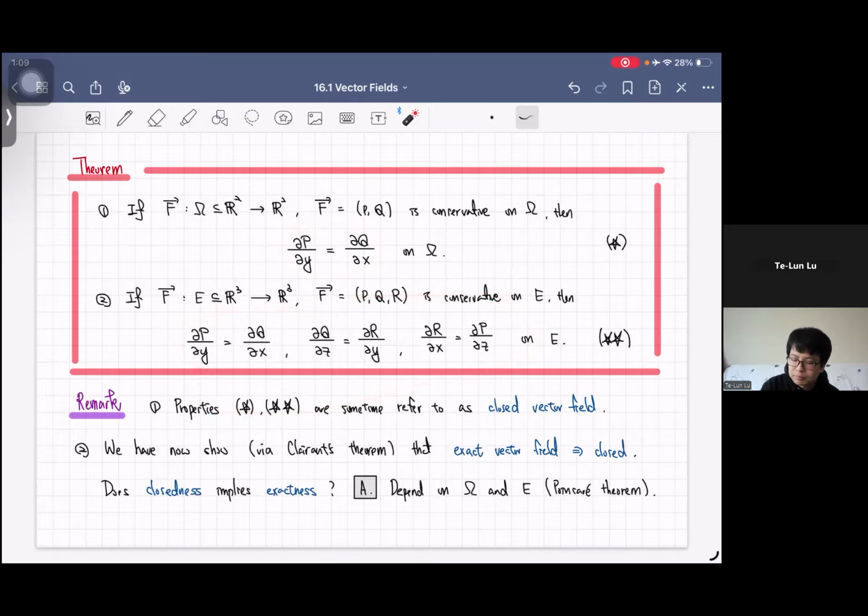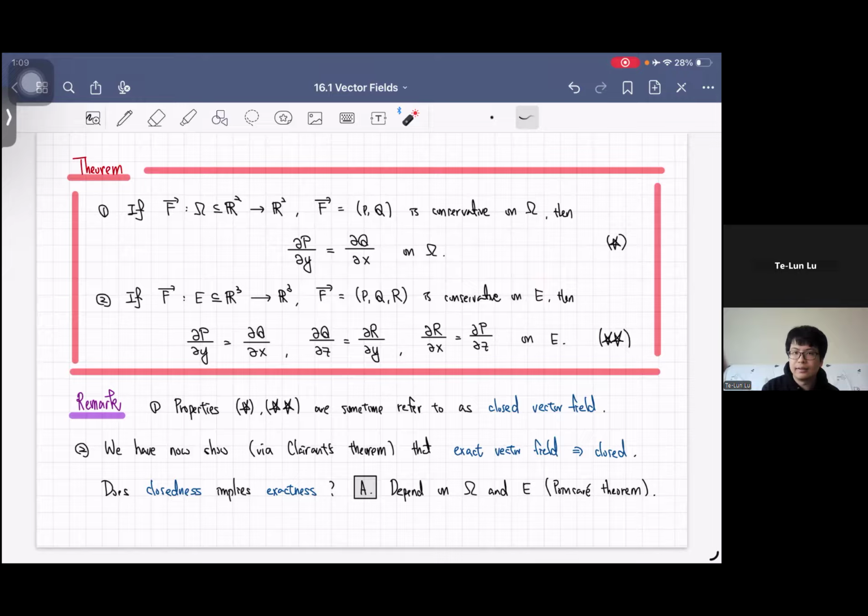However, it would be a very nice consequence if this actually implied that you can find such a potential function. So we're asking the question: does closedness imply exactness? Meaning that if a vector field like this, (P, Q) or (P, Q, R), satisfies star or star-star after I verify it, then when can I conclude that the vector field F is conservative?